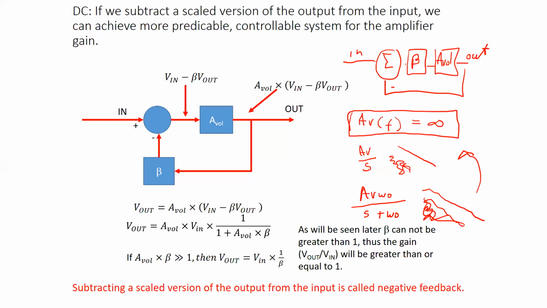If I were to, rather than write this equation, write V out equals, so what's times V in? Beta times AVOL, the open loop gain, times V in. Now this is fed straight back in. And in fact, now beta is 1, minus V out.